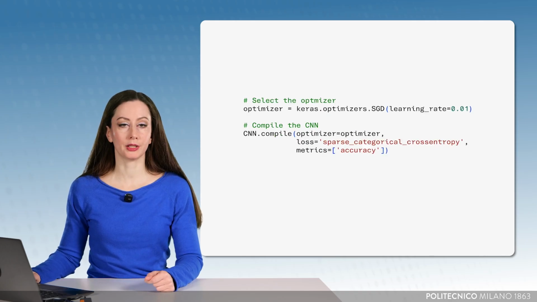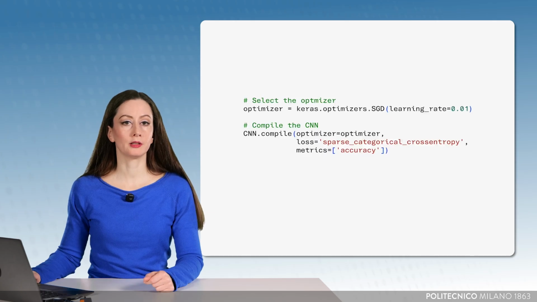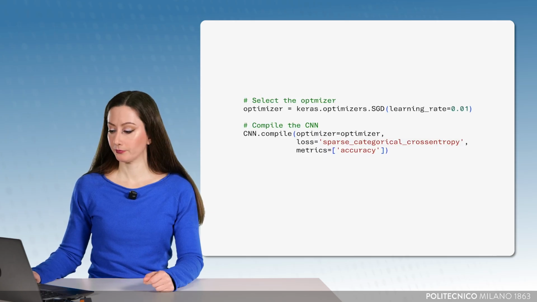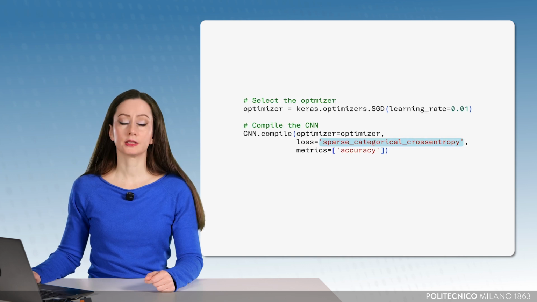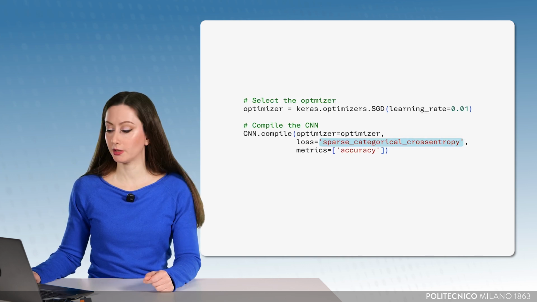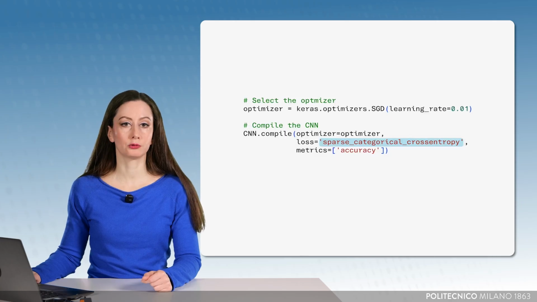Next, we call the method compile on our model. And this step prepares the convolutional neural network for training by specifying 3 input arguments: the optimizer, the loss function, and a performance metric. Since this is a multi-class classification problem, as a loss function, we use the categorical cross-entropy, and this quantifies how far the network predictions are from the true labels.